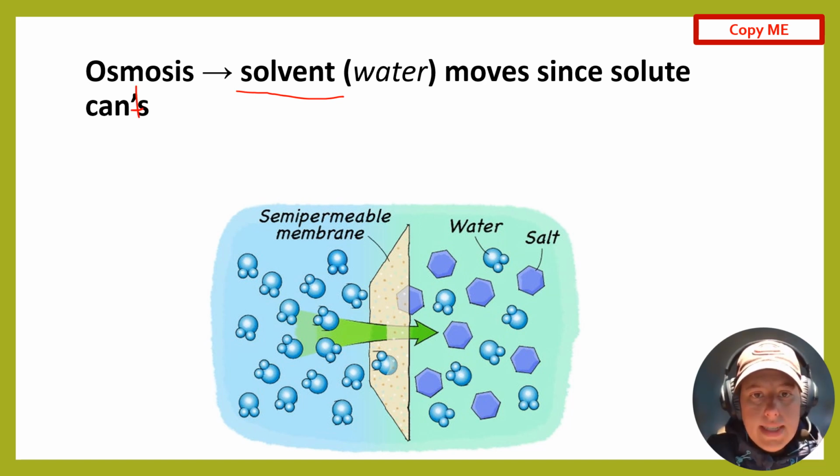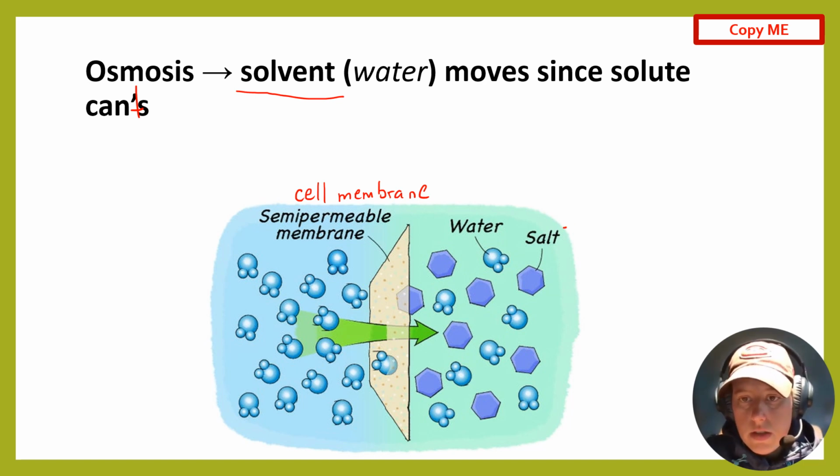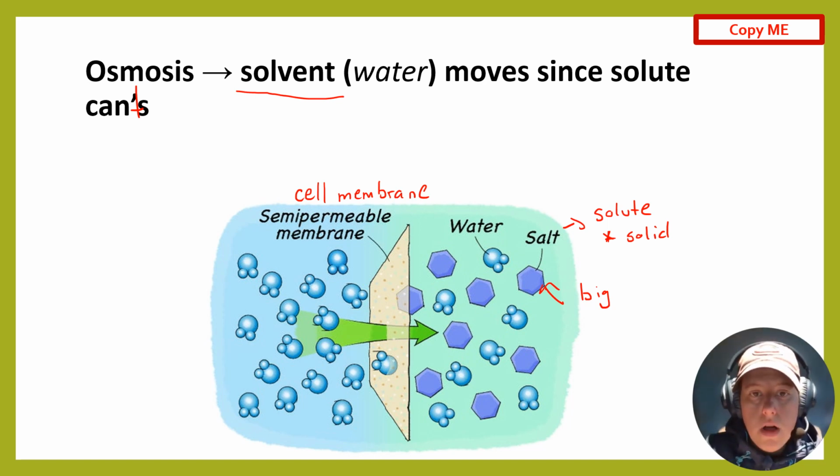Now, our semi-permeable membrane is our cell membrane. And if we're looking at this diagram right here, we can see that we have water and we have salt. Salt is our solute, and it's also a solid. One thing you'll need to notice is the shape of the salt. It's actually quite big, so it cannot fit through the small gaps in the cell membrane.